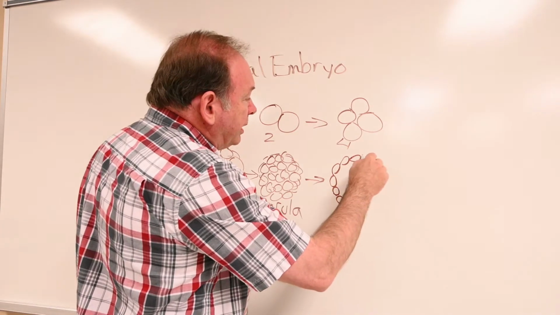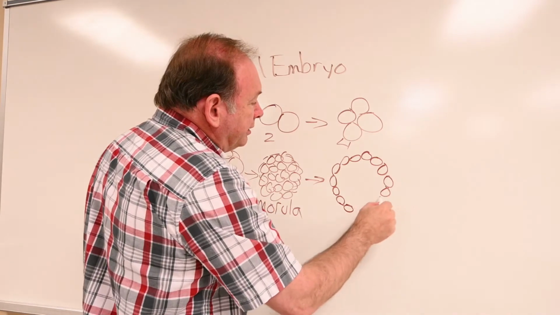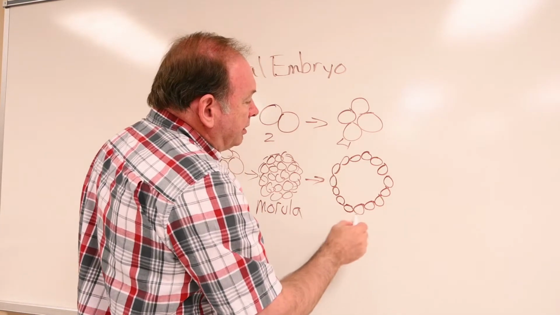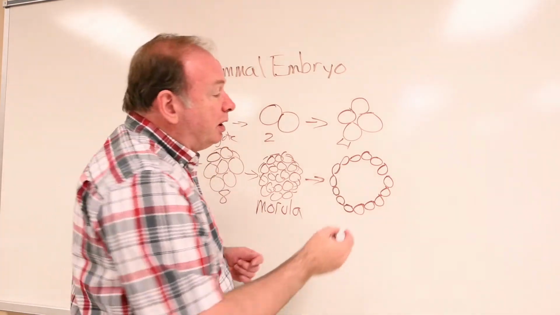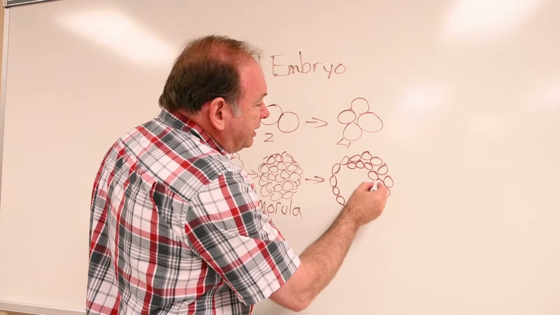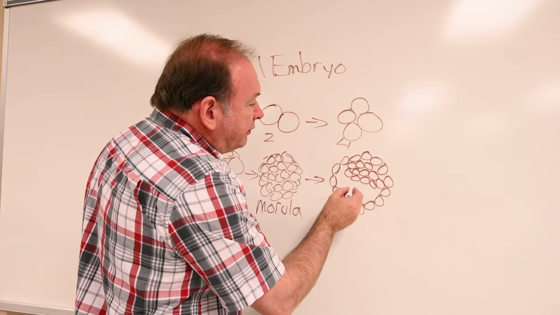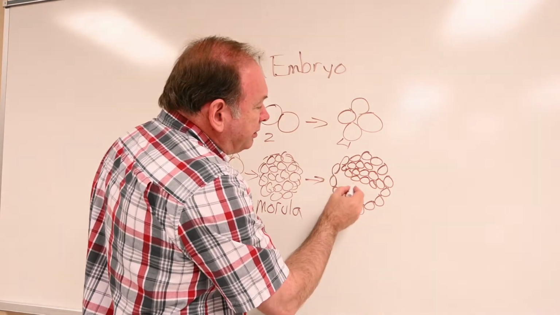So we have this ring of cells that forms an outer layer on the developing embryo, but inside there's what's called an inner cell mass, a group of cells inside here that will divide to form most of the structures of the embryo.